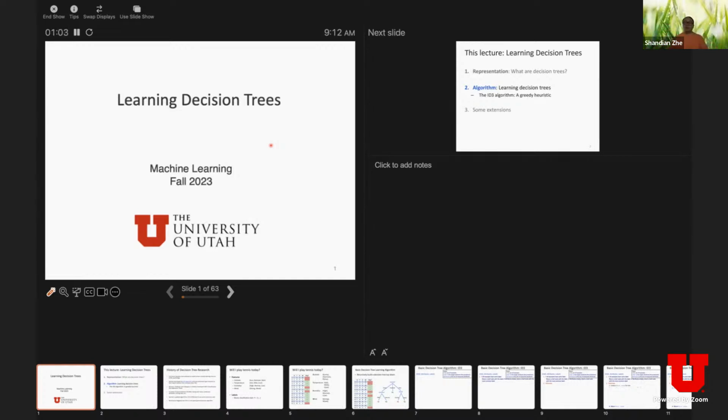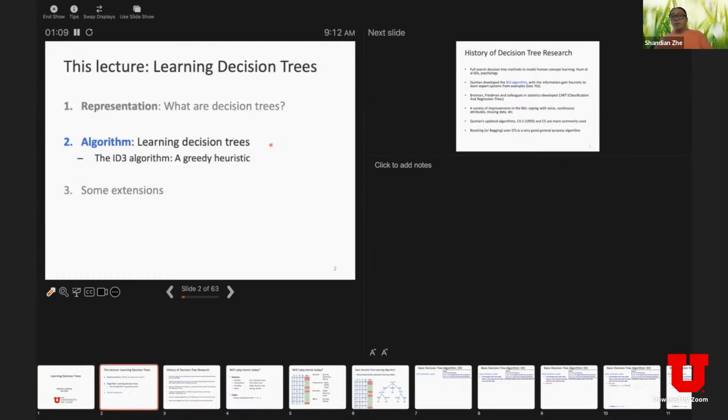Okay, so today we're going to talk about how to learn decision trees, right? Namely, how we implement a machine learning algorithm which automatically constructs the decision tree from some training data set. So in the last lecture, we talked about the definition of decision tree.